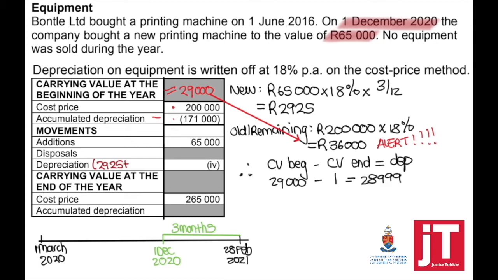So to calculate this, we take the book value or the carrying value in the beginning minus 1, and that equals your depreciation. So my total depreciation is the 2 added together, the new plus the old. So number 4 is 31,924.